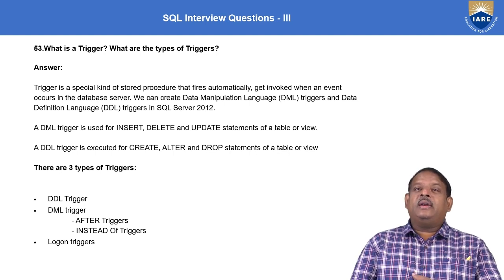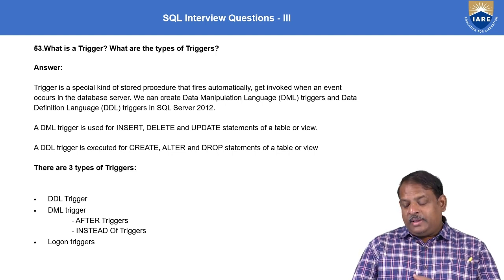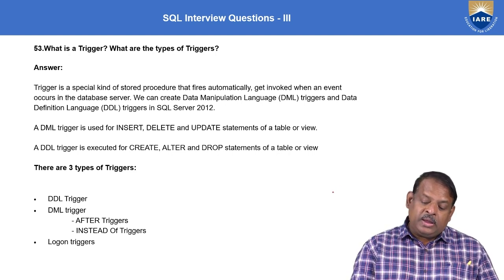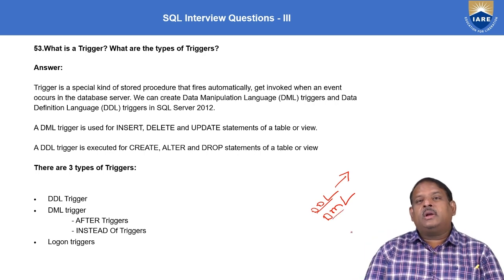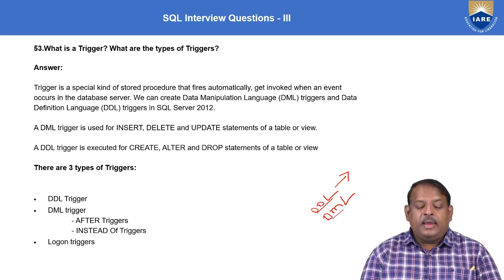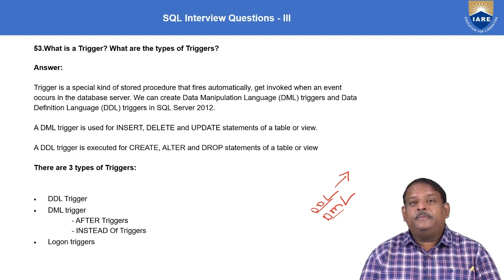We can create data manipulation language triggers and DDL triggers in the database. So we can create triggers on all the commands of DDL and also all the commands of DML. A DML trigger is used for insert, delete, and update statements of a table or a view.